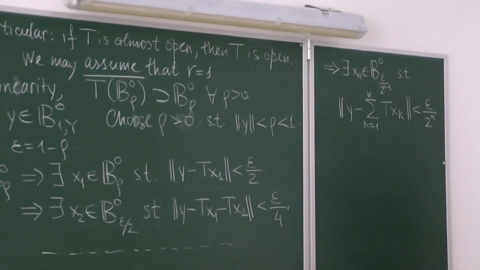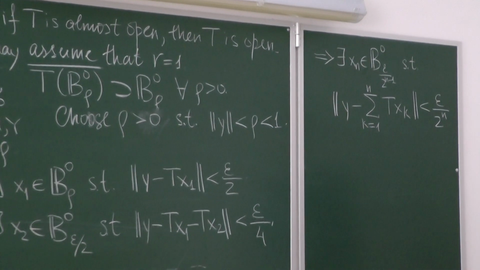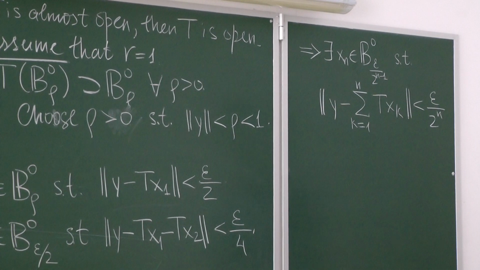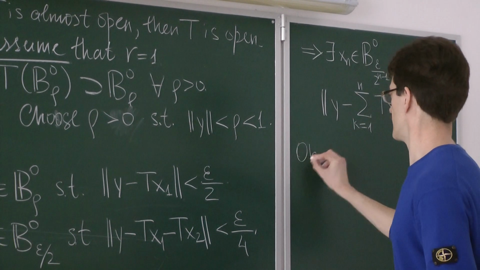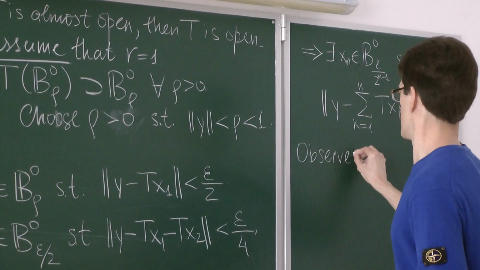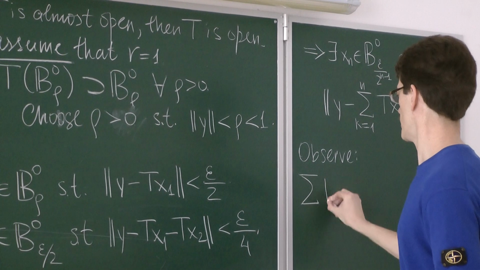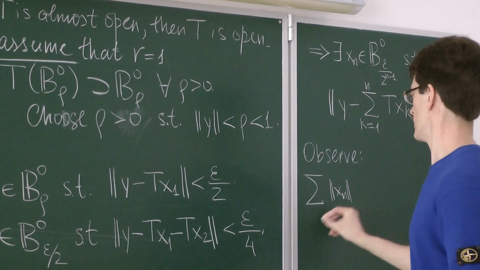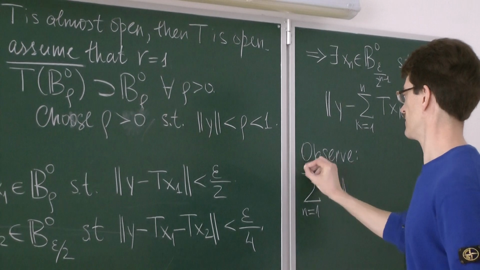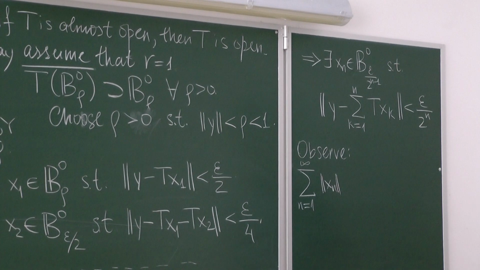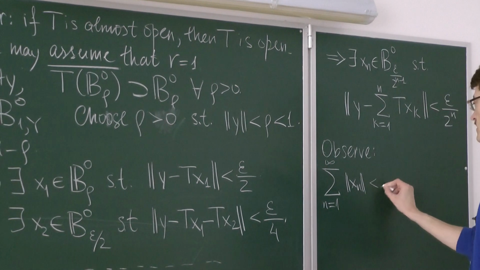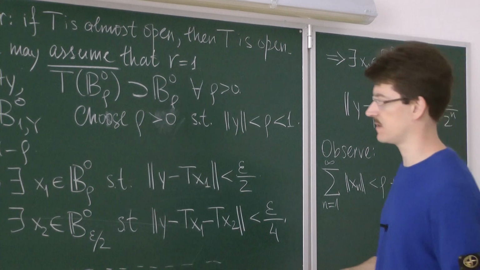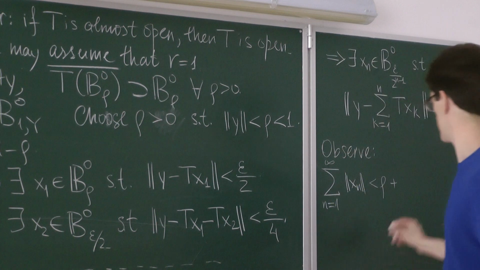Okay, so let's now look at this construction. First of all, we observe that if we look at the following series from 1 to infinity, then the first member is strictly less than rho. The second one is strictly less than epsilon over 2.